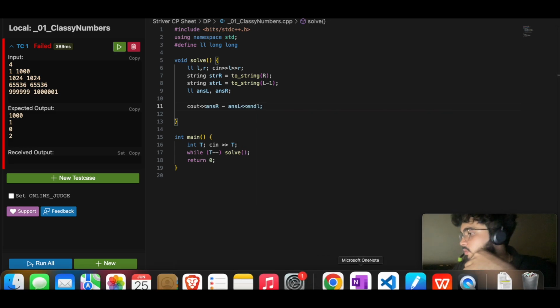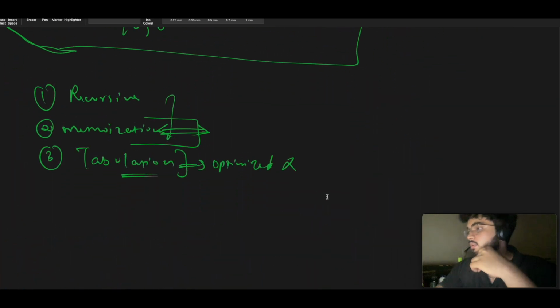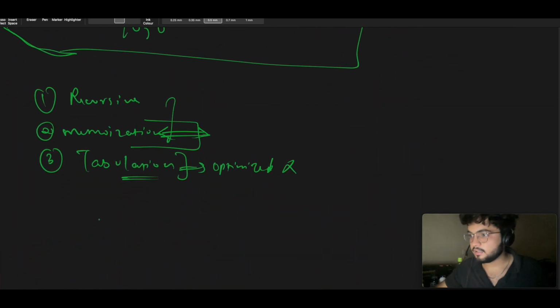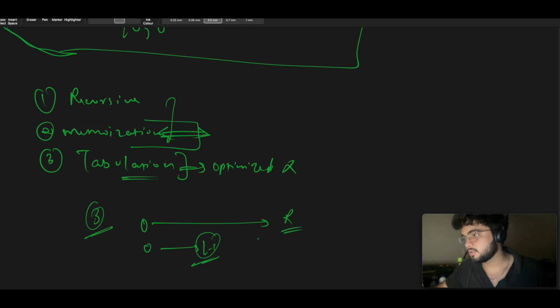So what I'm trying to do here, let me just explain. We have to find numbers containing maximum 3 non-zero digits. So we'll first calculate from 0 to the right element, and then from 0 to left minus 1, and once we subtract both of these, we'll have the answer for L to R. This is what we are trying to do.